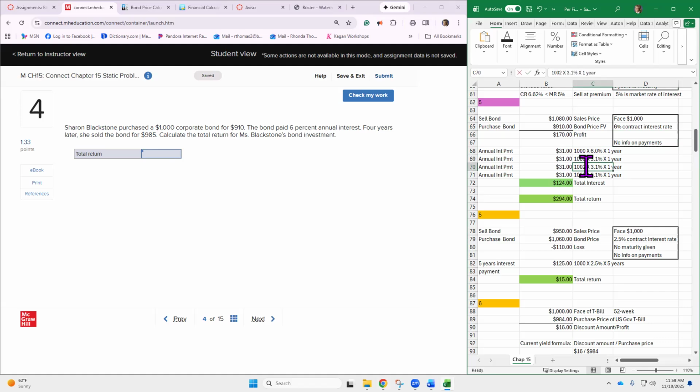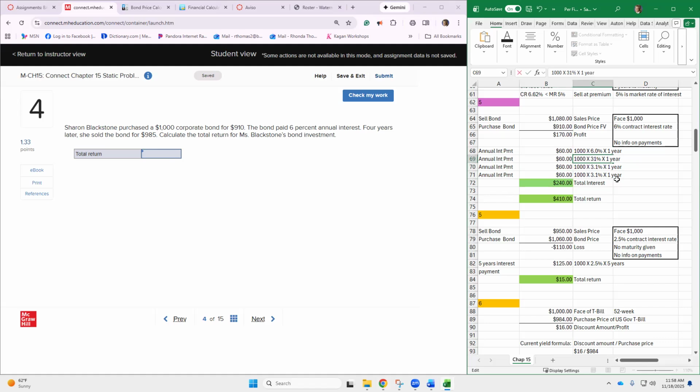So we are going to calculate the interest, and we're going to calculate the profit or the gain when she sold that bond. So every year she held it, 1,000 times 6% is 60. So she should have gotten $60 each year for those 4 years, right?